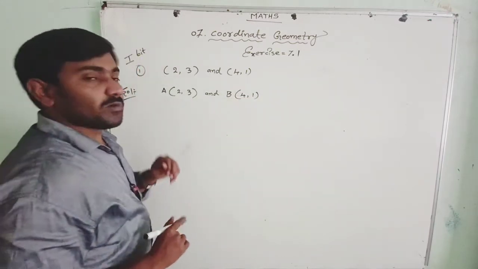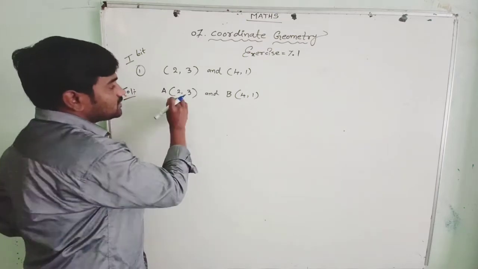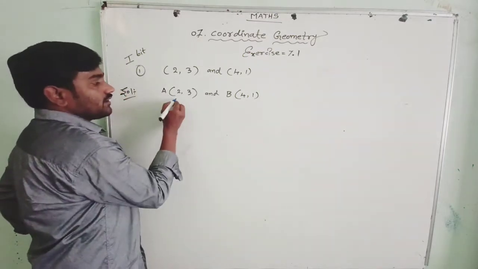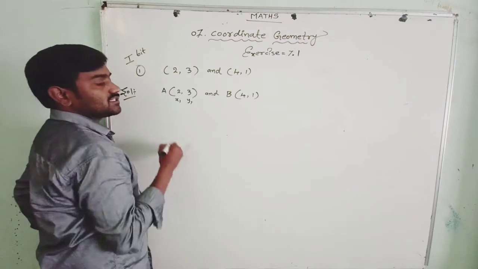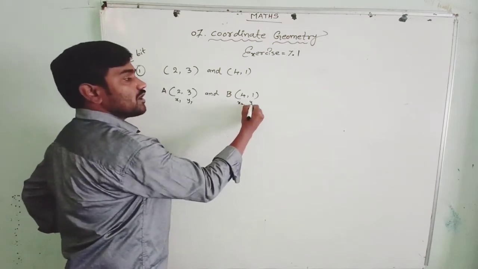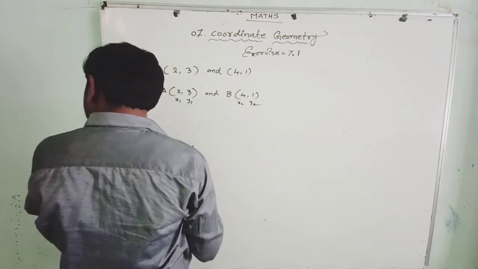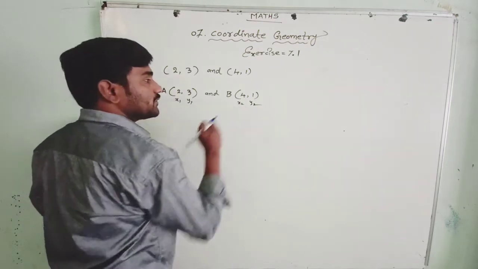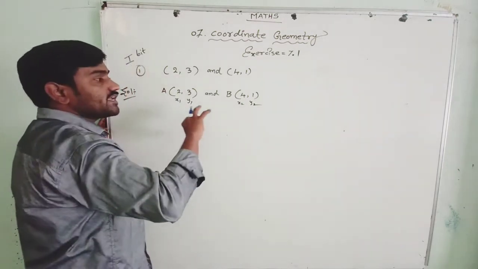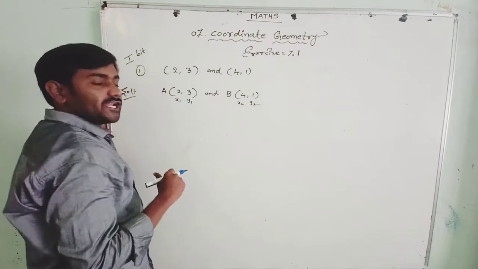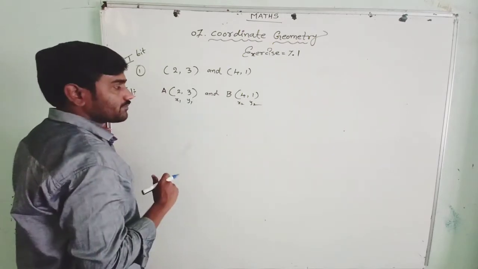So here there are 2 points, and let us assume this is x1 and y1, and this is x2 and y2. Every time you have to write like this, x1 y1 x2 y2, so it is very easy to write in our formula directly.